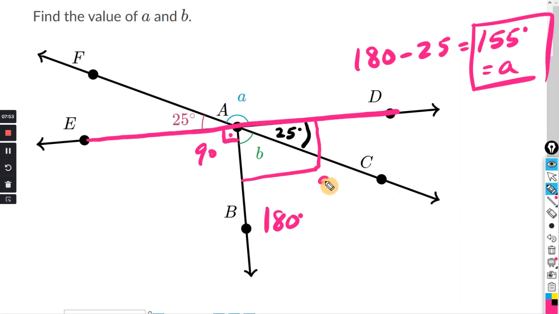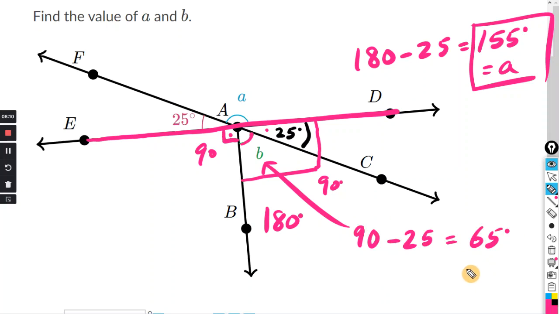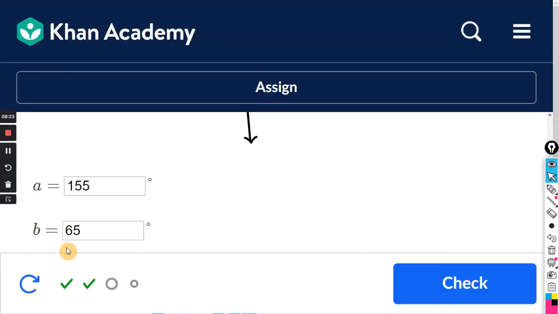If this one here is 25, this one right here is just going to be 90 minus 25, and that equals 65. And that is angle B. So we have 155 and 65.